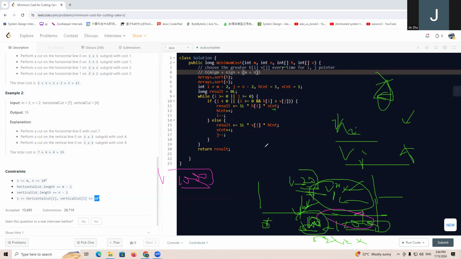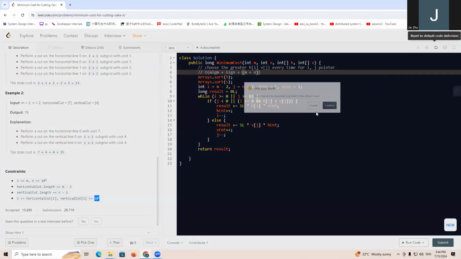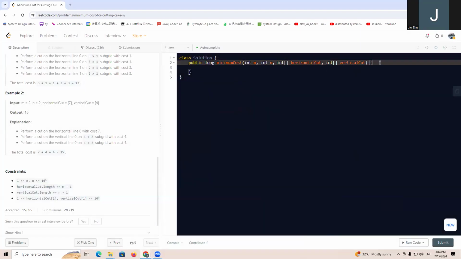So we use a bucket to simplify the sorting. So let's use a bucket approach as well for this. So we know we need to have two buckets. One is for the horizontal cuts, and another is for the vertical cuts.